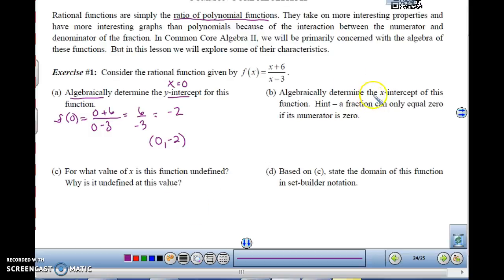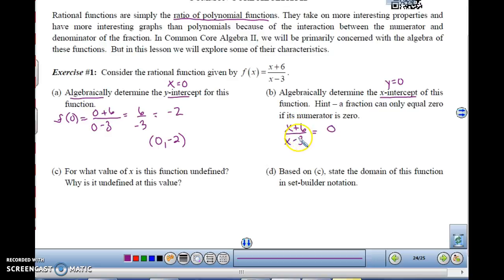Okay, algebraically determine the x-intercept of this function. So the x-intercept is when y is equal to 0. And remember, hint, a fraction can only be equal to 0 if its numerator is 0. So if I set this up, x plus 6 over x minus 3 is equal to 0, technically, if I want this to equal 0, the bottom can't be 0 because that'll make this undefined.